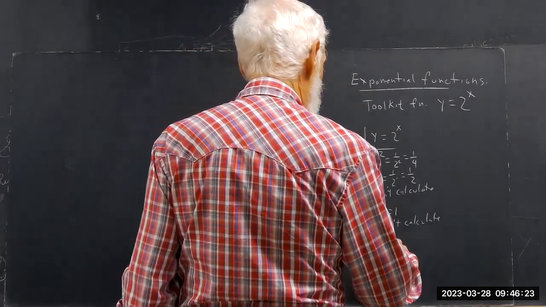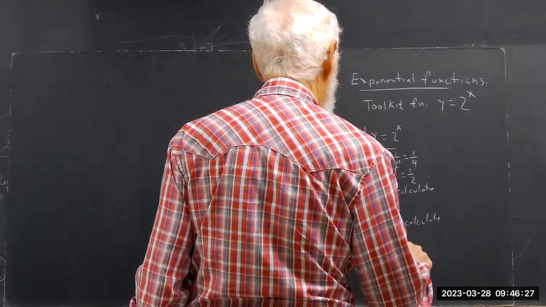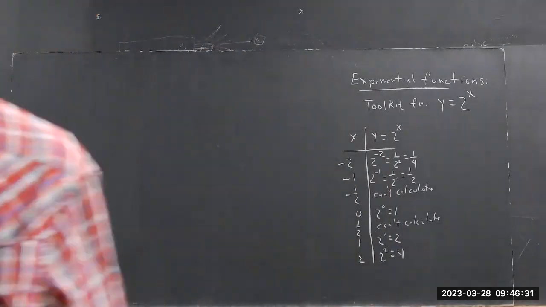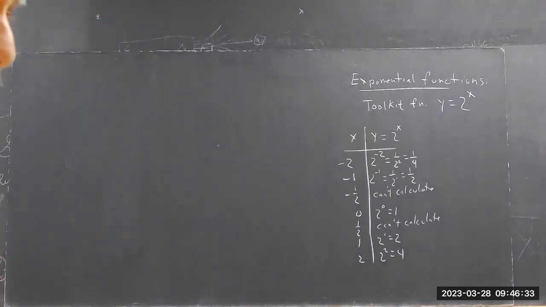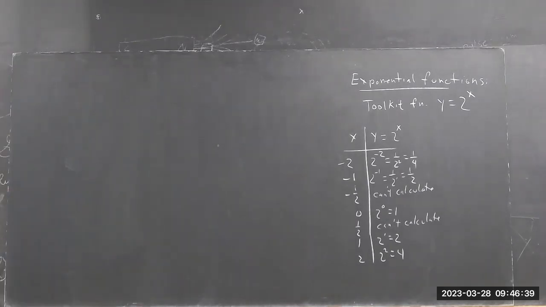Anyhow, then you get 2 to the 1 equals 2, and 2 squared equals 4. And this is something you should have been waking up every morning and doing in your head.